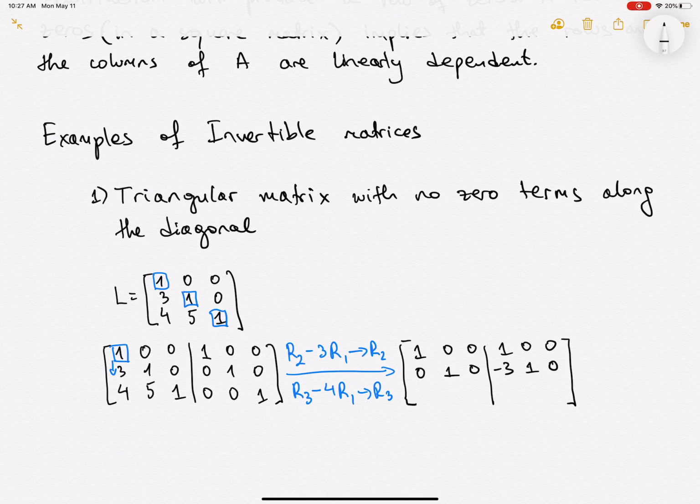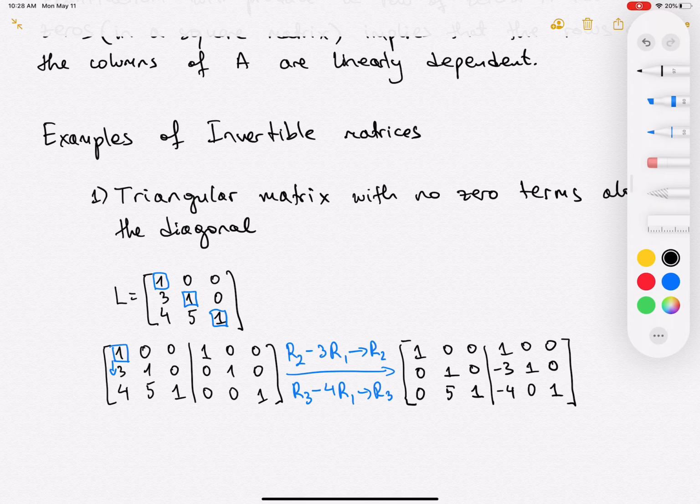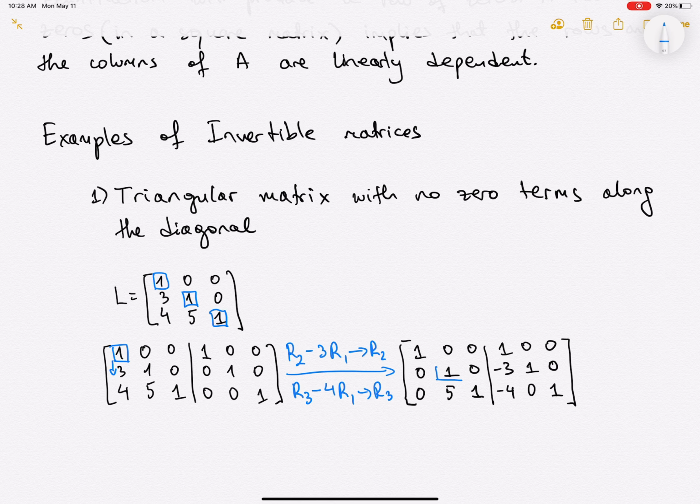Then we have 4 minus 4, that's a 0. 5 minus 4 times 0, that's a 5. 1 minus 4 times 0 is a 1. Then we have 0 minus 4, that's a negative 4. 0 minus 4 times 0 is a 0, and then the 1 also stays unchanged. Now that we have eliminated under the first pivot, we want to eliminate under the second pivot.